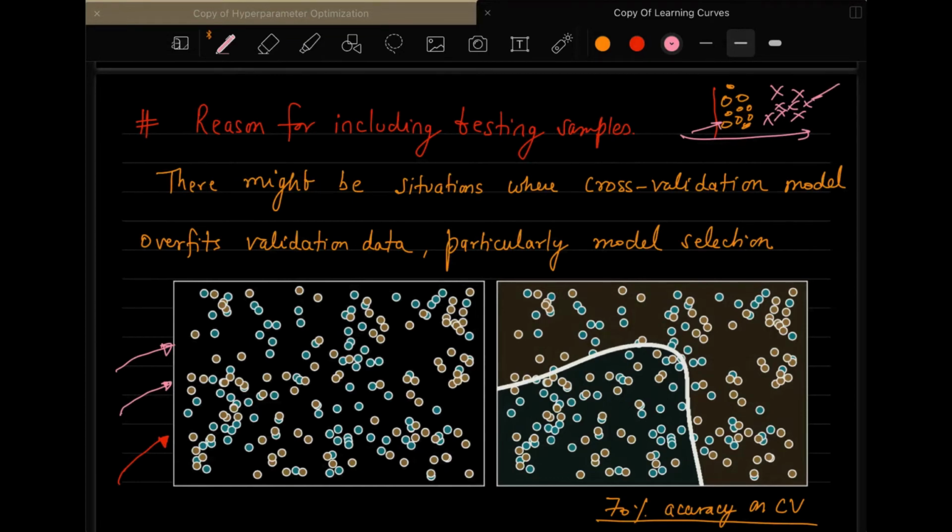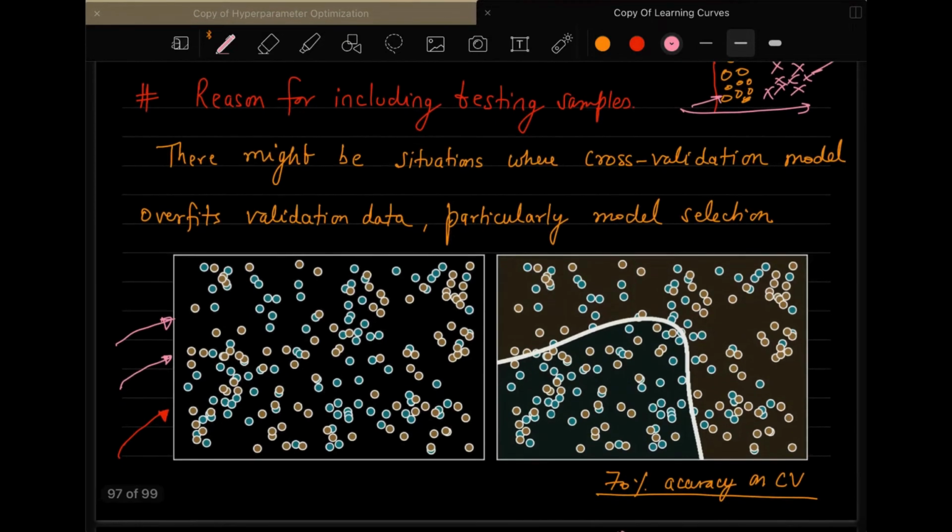But now the situation comes that if you do the splitting into training and validation splits like this, you are dividing this data set into train and validation. Then when you do the cross validation, which we have already discussed, you will get a boundary which is something like this. But surprisingly, this cross validation is giving you 70% accuracy.